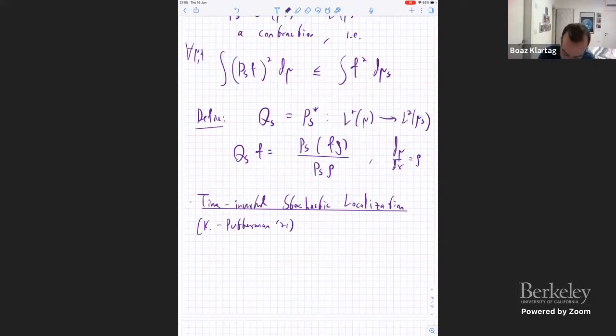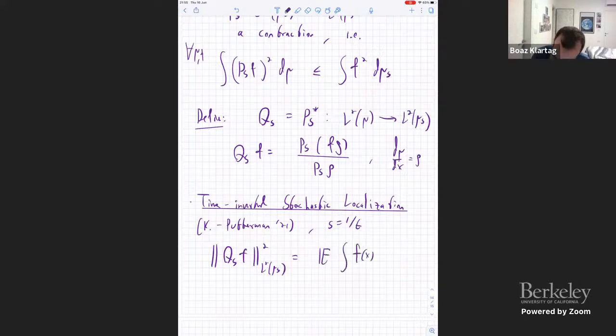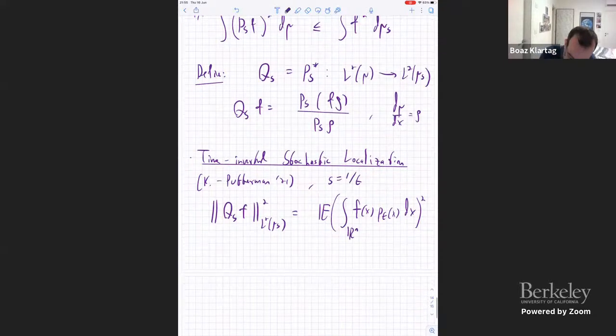For any F, QS of F, these operators that we defined, the adjoint: if S is 1 over T, this is the expectation of the integral of F times something called PT of X, where T is a stochastic localization.